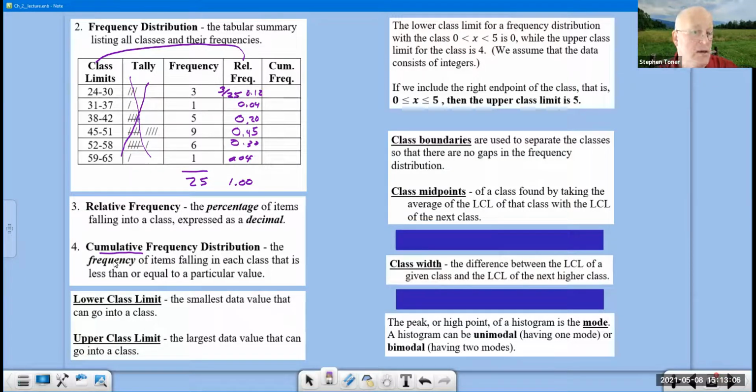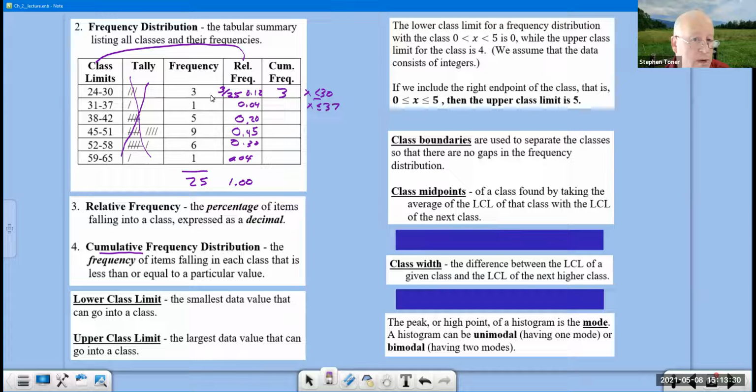Now, if I'm looking at cumulative frequencies, the name of the class actually changes. This first one would be X values that are under 30, and we'd have 3 of them. But then when I have an upper class limit of 37, I'm going to say, maybe that would be X less than or equal to 30. The next one will be X less than or equal to 37.